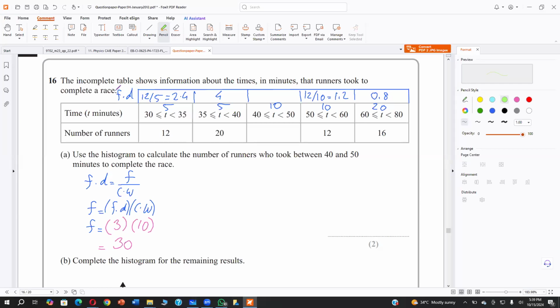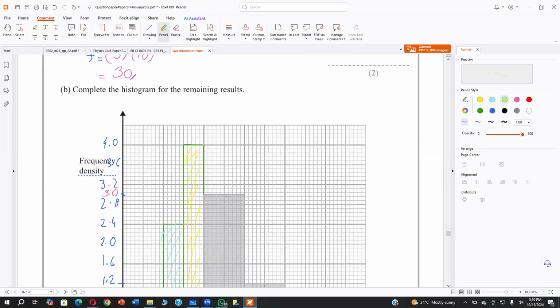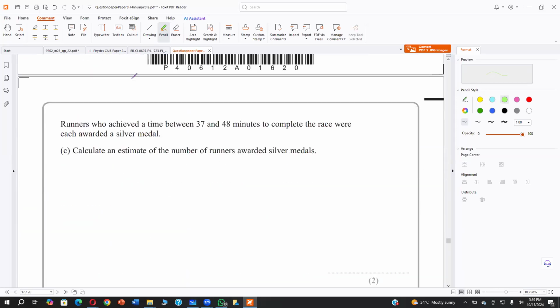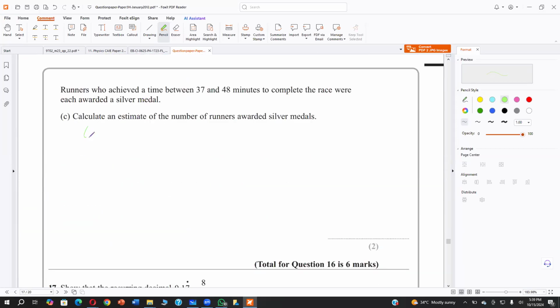We should use now linear interpolation because intervals are coming in between. Look at this.